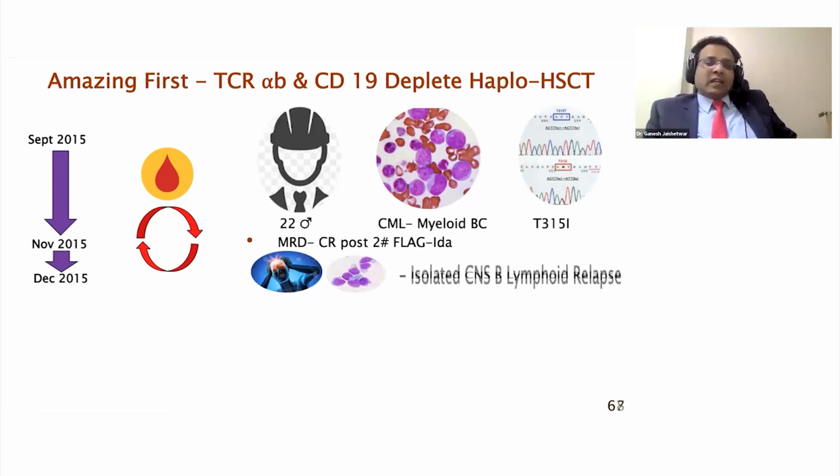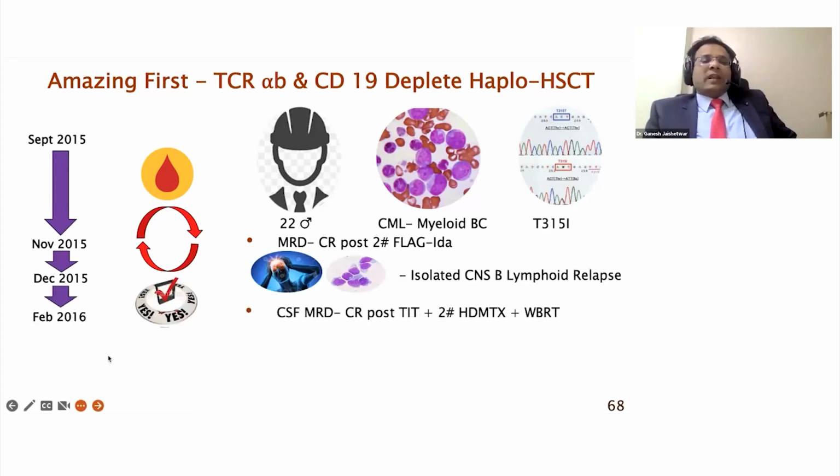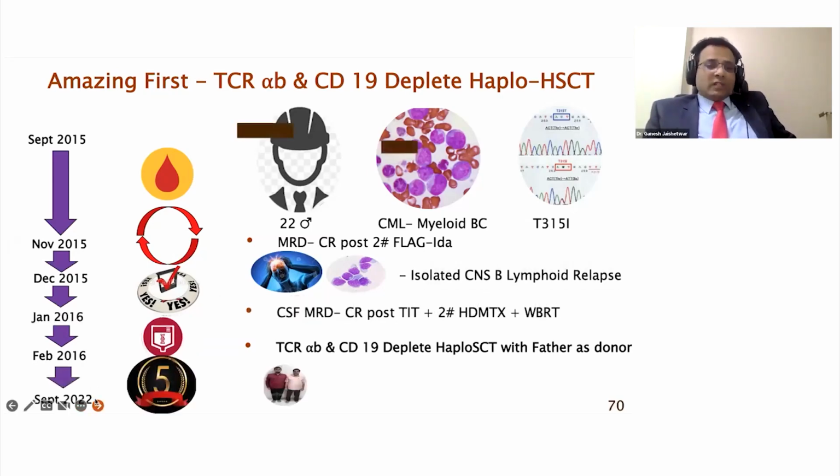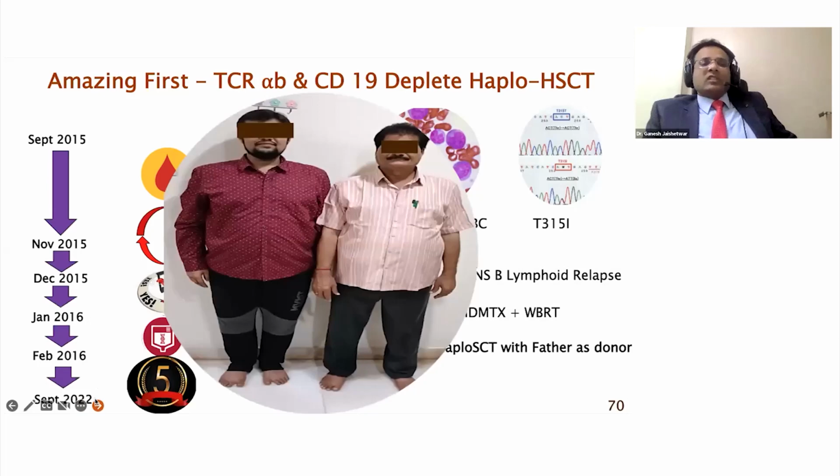So again, salvaged with triple IT, 2 cycles of high-dose methotrexate and whole brain RT, and subsequently he was taken up for TCR alpha beta CD19-depleted haploidentical stem cell transplant with father as donor in February 2016. So almost close to 7 years post transplant, he still continues. 6 years post transplant, he continues to do well, healthy, free of his disease.